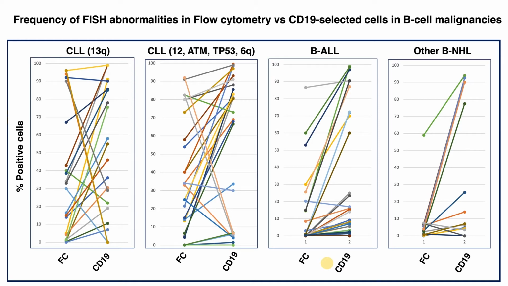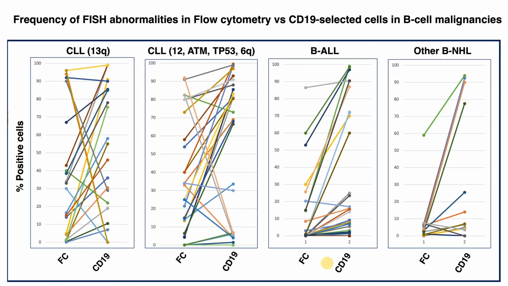However, you can notice here there are some samples with flow positivity. For example, these cases are flow positive but negative for CD19, or low detection rate by CD19 FISH in a number of cases.